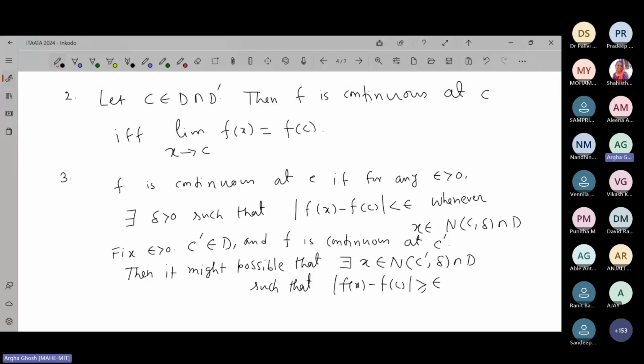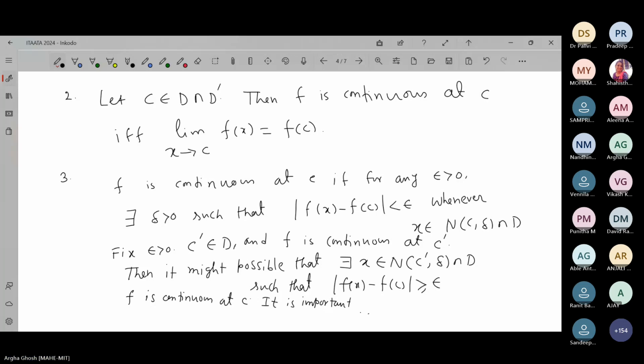If f is continuous at C or at any point, it is important to note that whatever epsilon we have, this delta depends on both epsilon as well as the point.